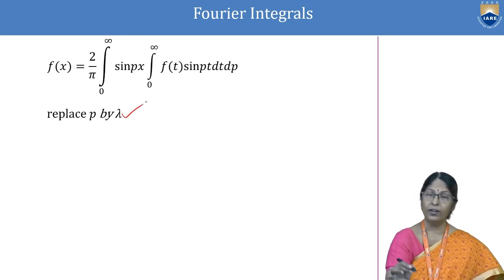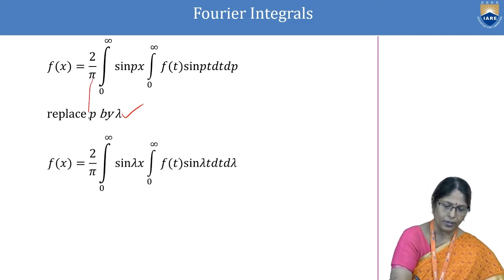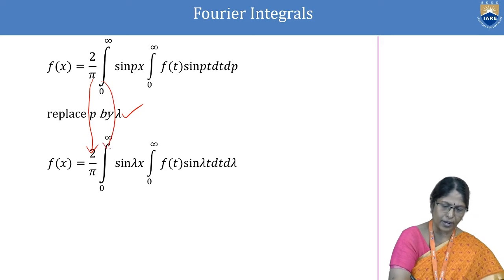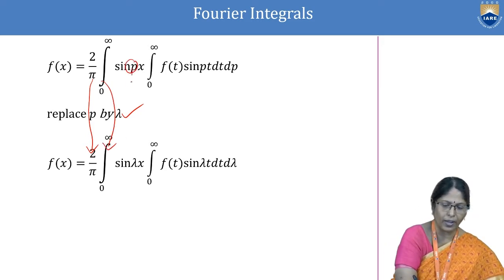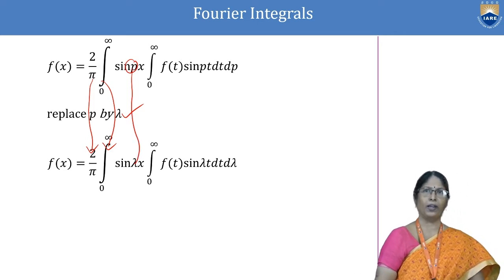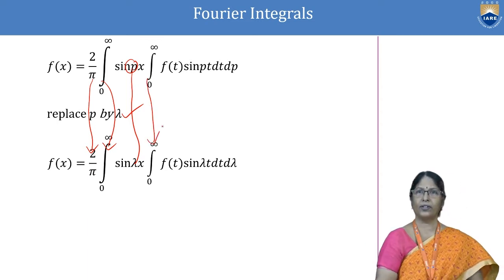So that's what is written here. We can notice the 2 by pi as it is, this integral is written as it is, whereas the change we are bringing is in the p place, that is, p is replaced by lambda. And this integral is also written as it is.